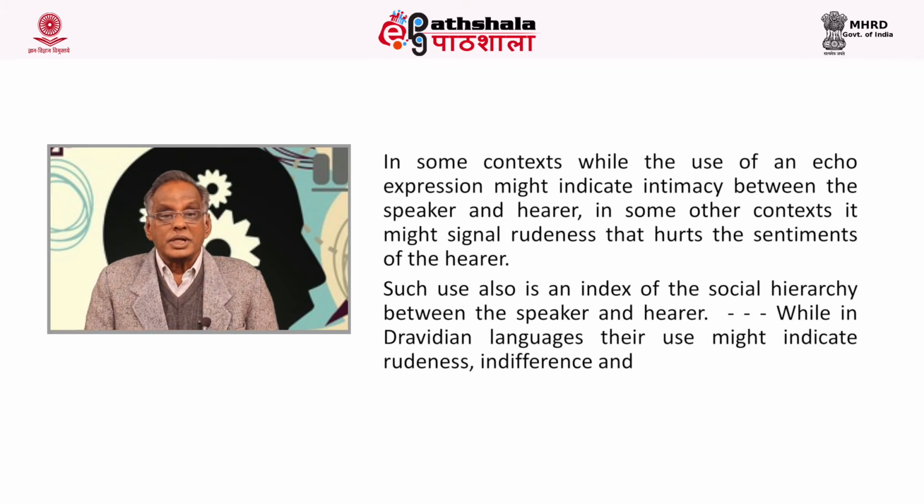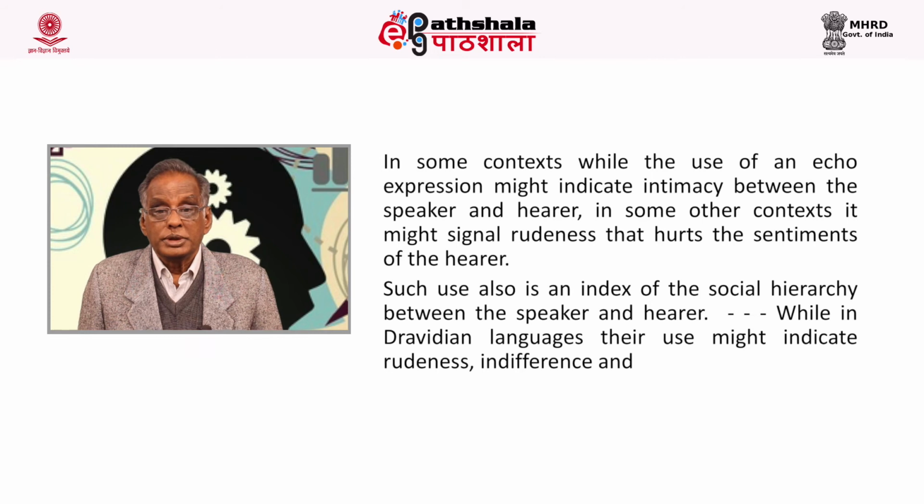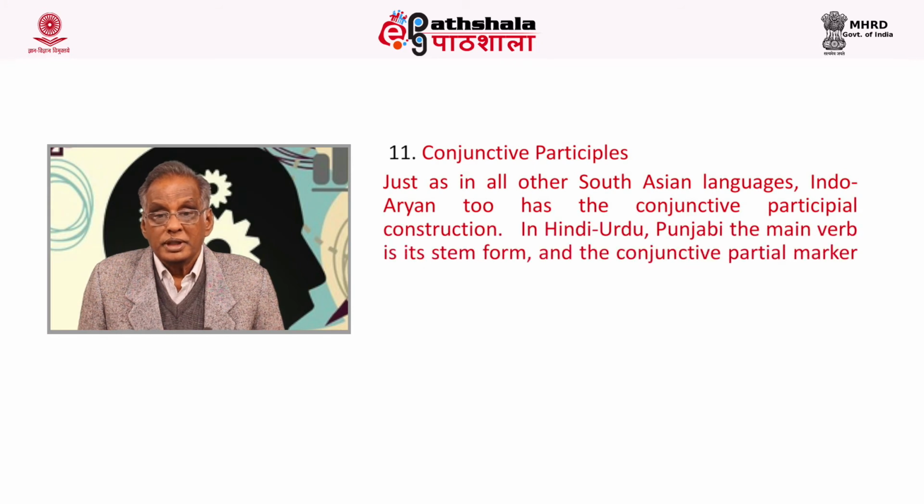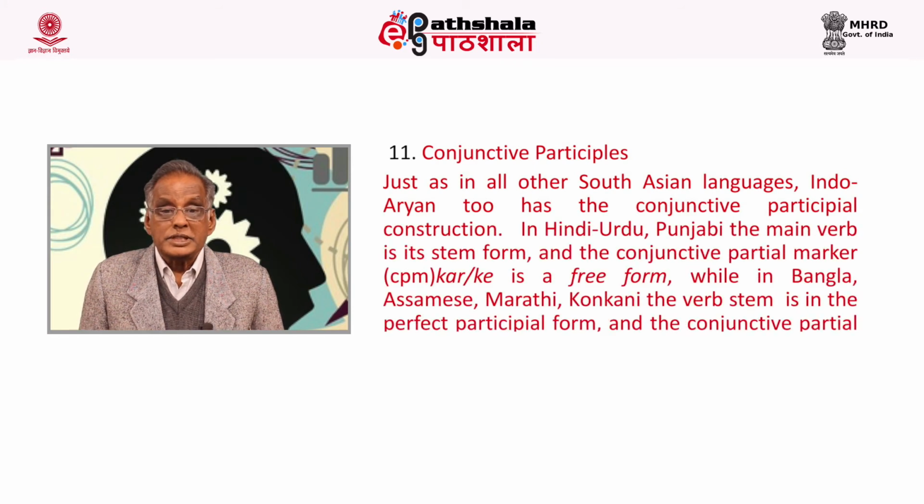The next one we are going to consider is the conjunctive participles, which are typical of South Asian languages. Just as in other South Asian languages, Hindi, Urdu, Punjabi, and also Assamese, Bangla, they all have a conjunctive participle.